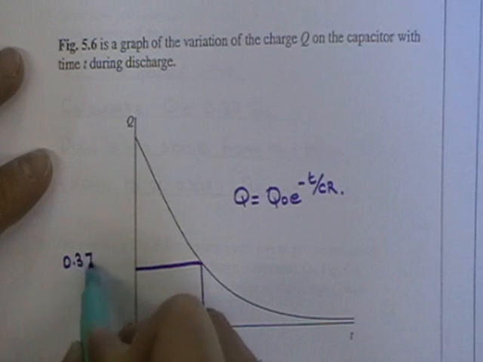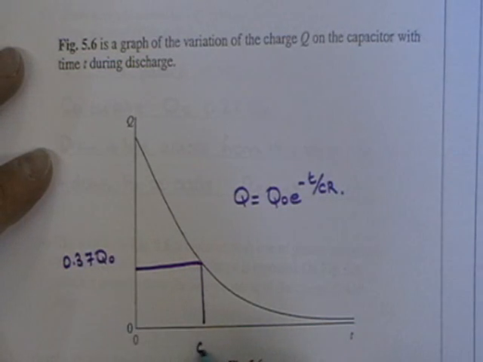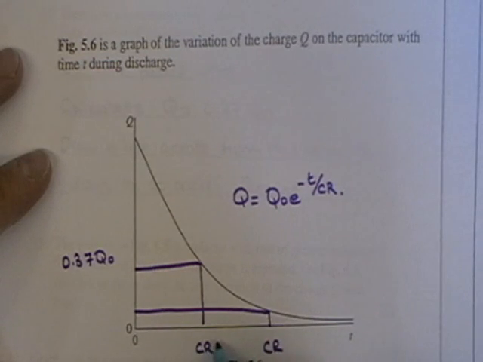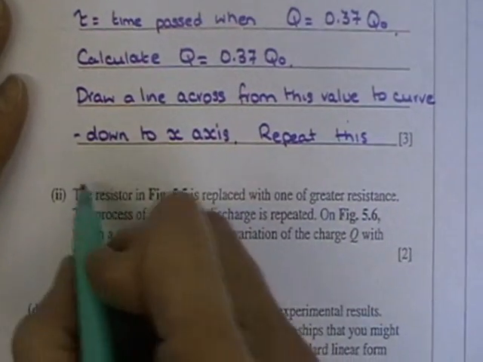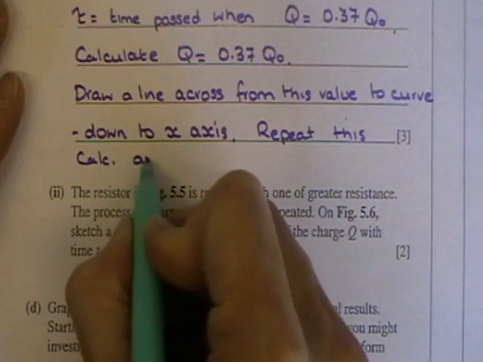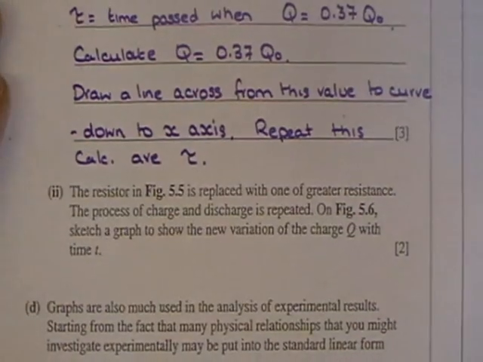That's 0.37 of Q naught, and that's CR. But you could repeat that again for 0.37 of this. And then that second value there is CR as well. And then you could take the two values and add them together and divide by 2. So repeat this and calculate average time.